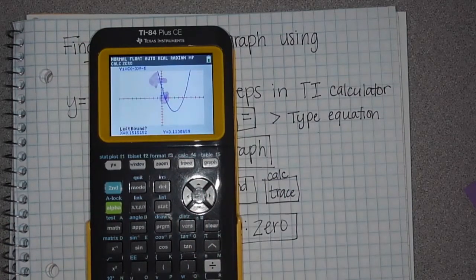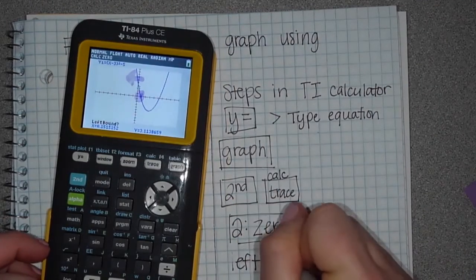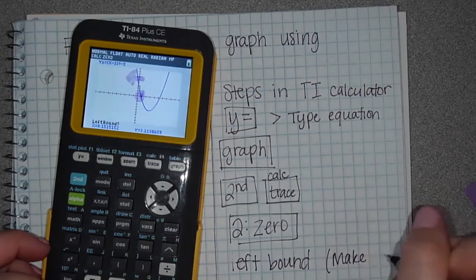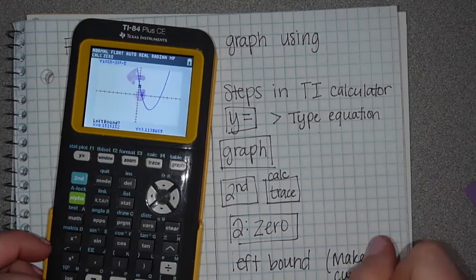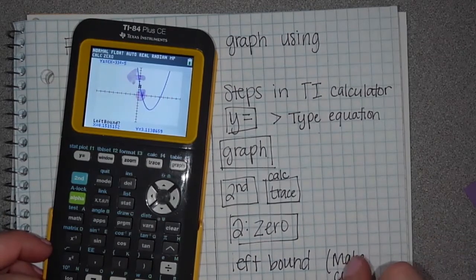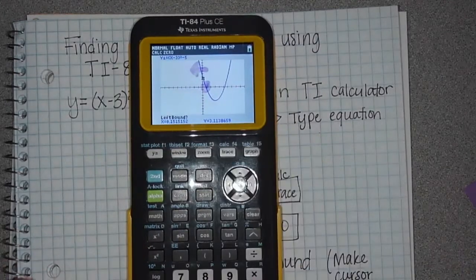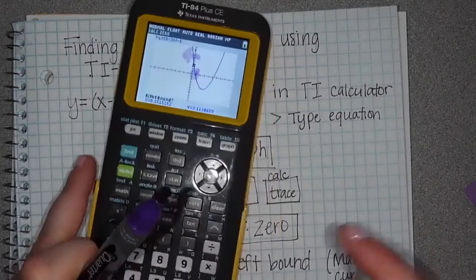So it says left bound. I should have said move cursor to left of zero. So I want to move to the left of the zero, then hit enter. Notice now at the bottom it says right bound.